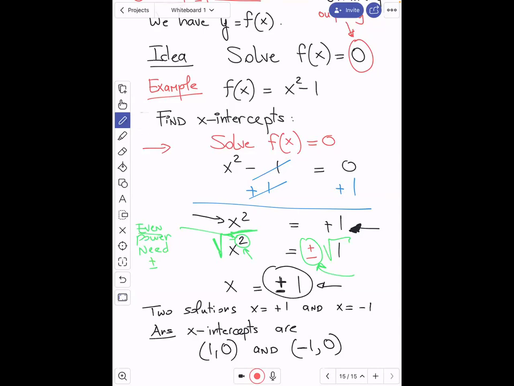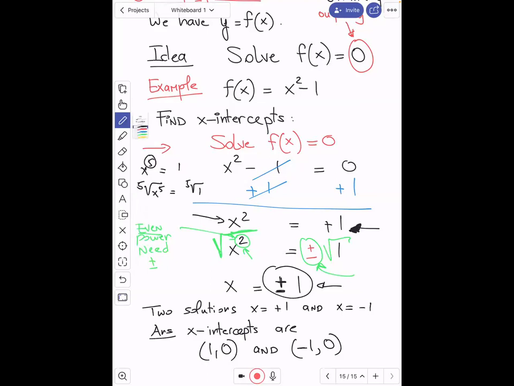So for example, if I had an odd power, let's say x to the power 5 equal to positive 1, you apply the 5th root because the power is 5. So it's the 5th root of x to the power 5, and here the 5th root of 1. But 5 is odd, and when it's odd, you don't need the plus or minus.